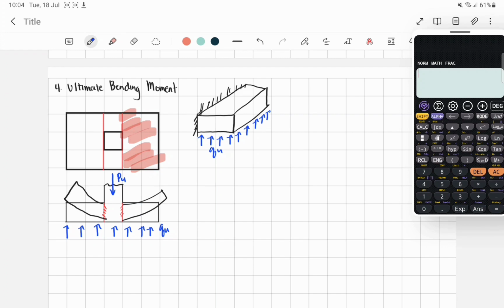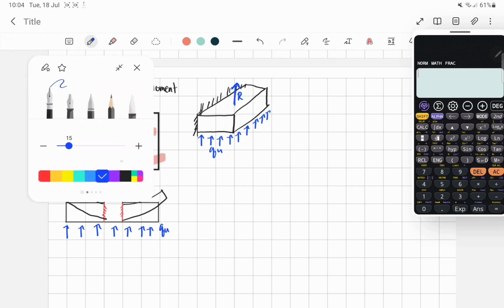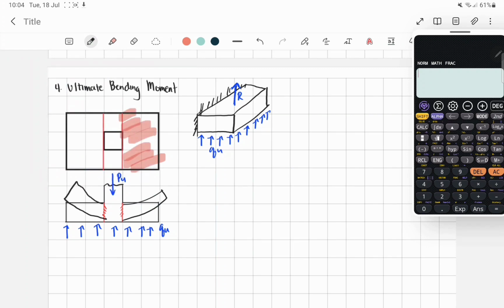So, yung QU dyan, or yung binabalik ng ating ground, is uniformly distributed sa footing natin. So, therefore, kukunin natin yung magnitude niya. Okay? So, tawagin natin siyang R. Di ba nga, sa gitna naka-act yan? So, ganun lang pala, we consider the footing as a cantilevered beam.